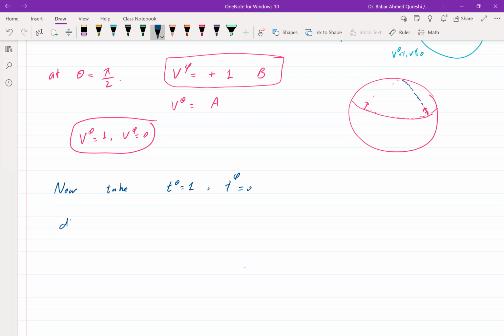So the equations would be dv theta over d beta plus gamma theta phi phi v phi and t phi. This is the first equation. But t phi I have taken to be 0. So this whole thing becomes 0 and I get dv theta over d beta is 0.